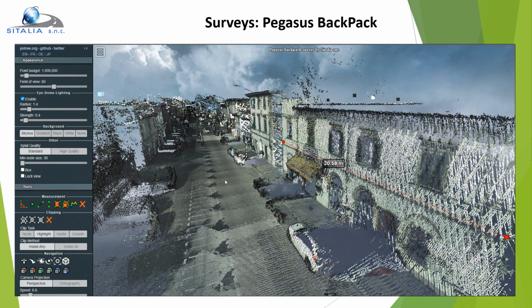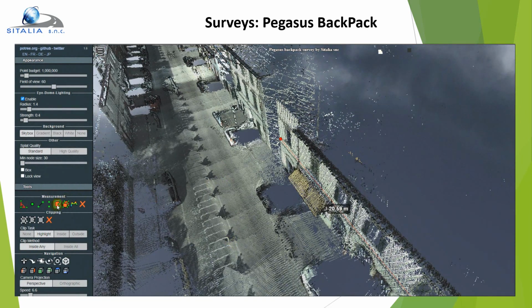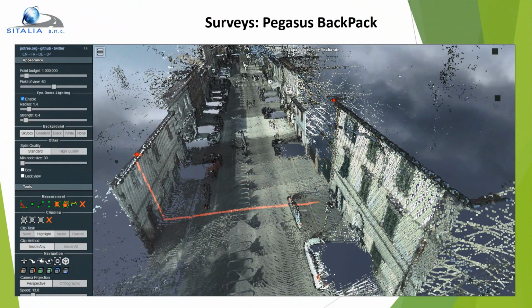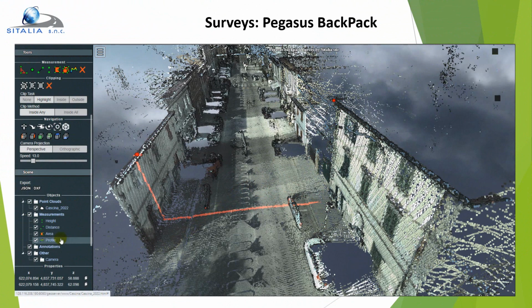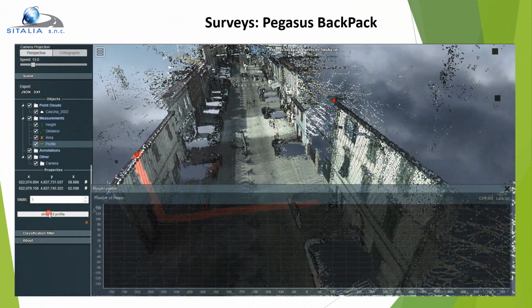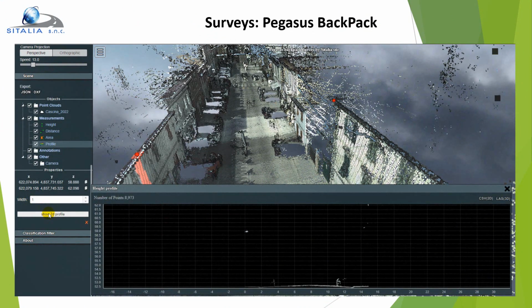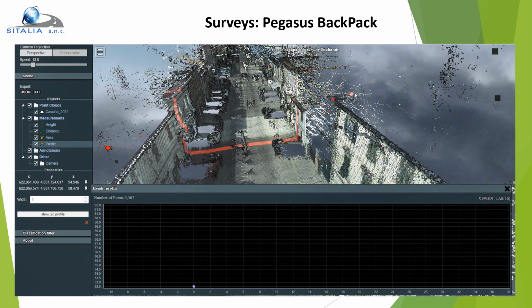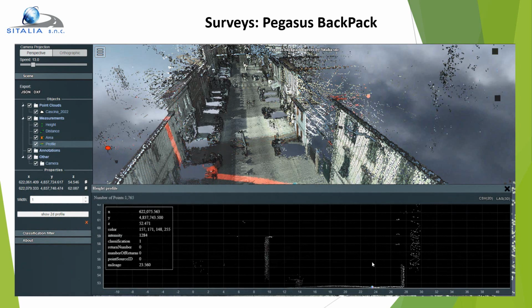Inside the web page, you can do measurements: length, surface, the height of buildings, and so on. It is also possible to generate sections of the point cloud and check the profile directly in the web page, and it is a dynamic section, so the user can move the section to see another part of the point cloud.